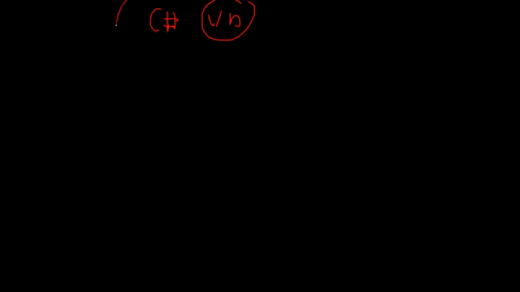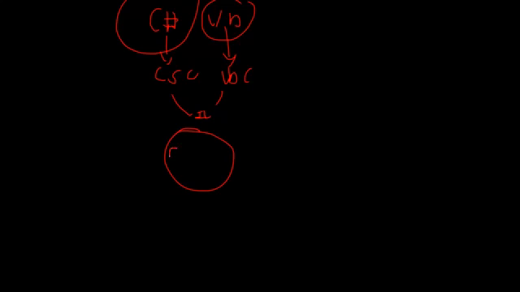Now we are talking about .NET architecture. Below it we had respective compilers like CSC and VBC. This compiler converts it into IL. IL is taken by something called CLR. CLR is the execution engine for .NET code. This IL code is converted into machine code, and it will be executed inside this CLR.